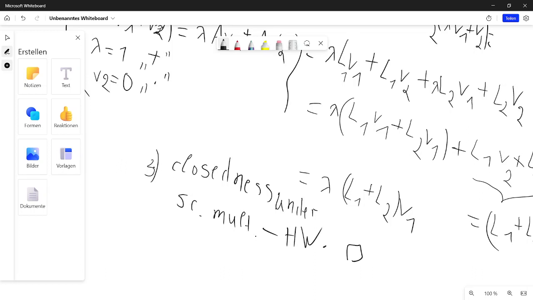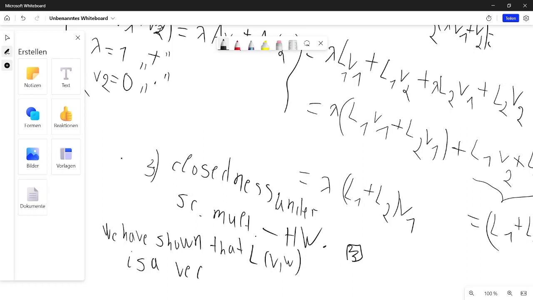Alright, with that, we have shown that L of V, W is a vector space.